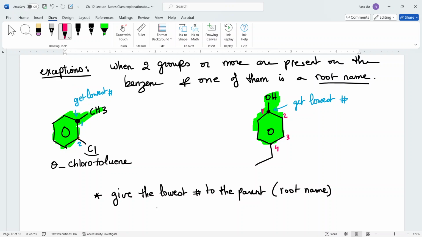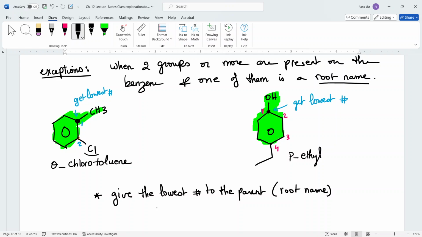I can go either direction. I can go 1, 2, 3, and 4 here, or 1, 2, 3, and 4 there. Both directions will give me the ethyl on carbon number 4. On carbons 1 and 4, I have my substituents. So my name is going to be para, and it's going to be ethyl.